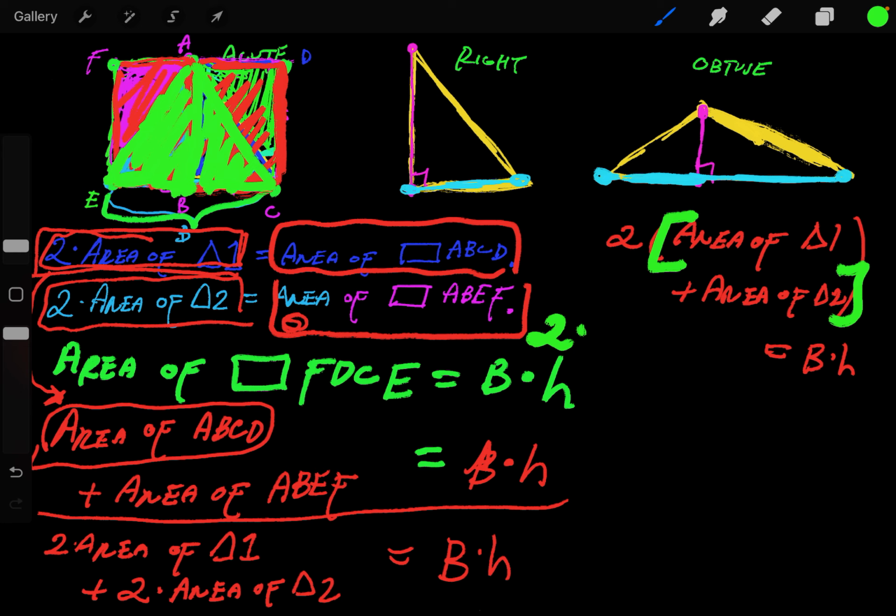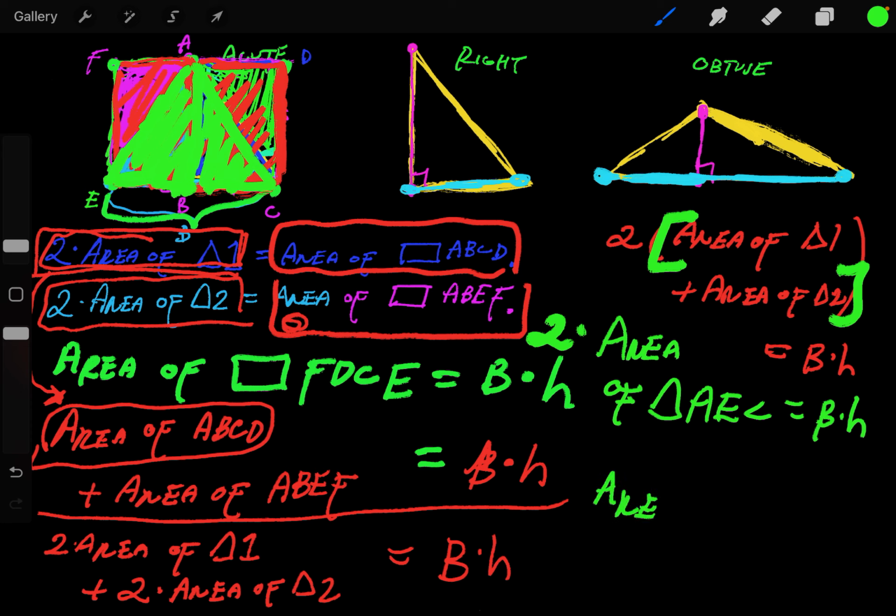So it's 2 times area of triangle. The original triangle was triangle AEC. AEC is again equal to base times height. And that's 2 times the area. So you divide by 2 and you get your area of triangle AEC is equal to base times height divided by 2.